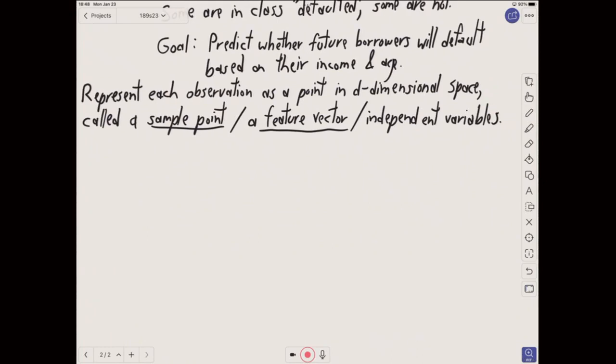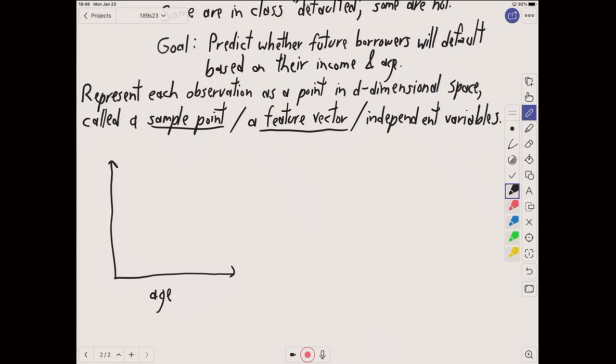So to make this a little more visual, let's consider 3 different examples of possible data sets we might get. X-axis is age, y-axis is income. So the first possibility is going to be the easy case.